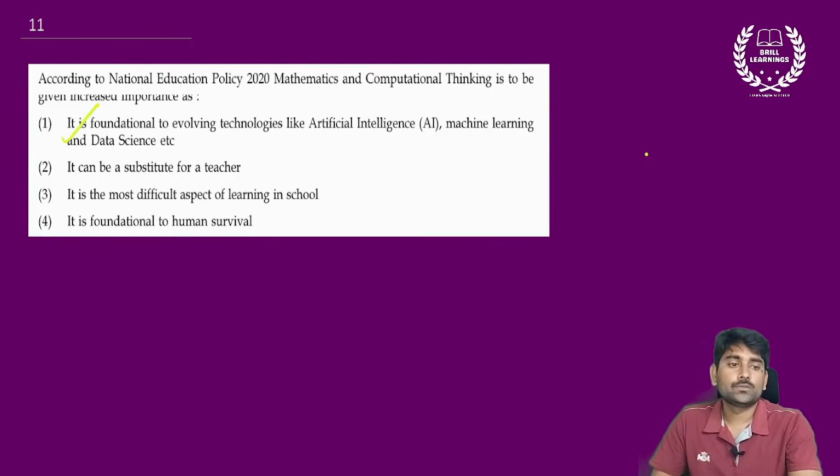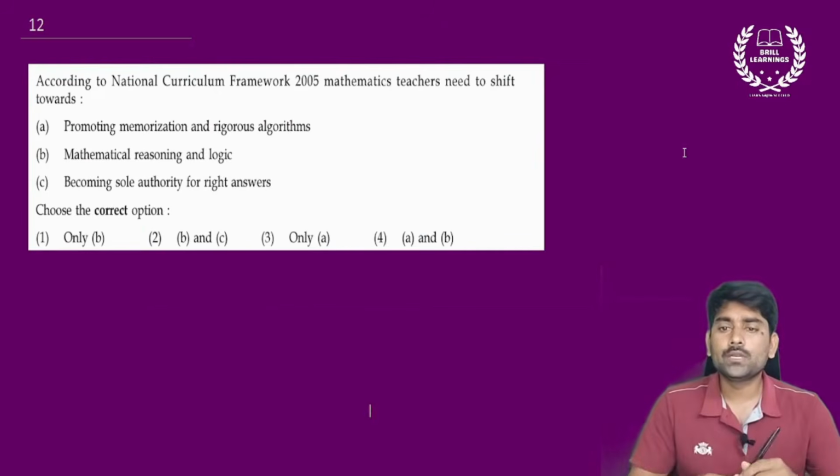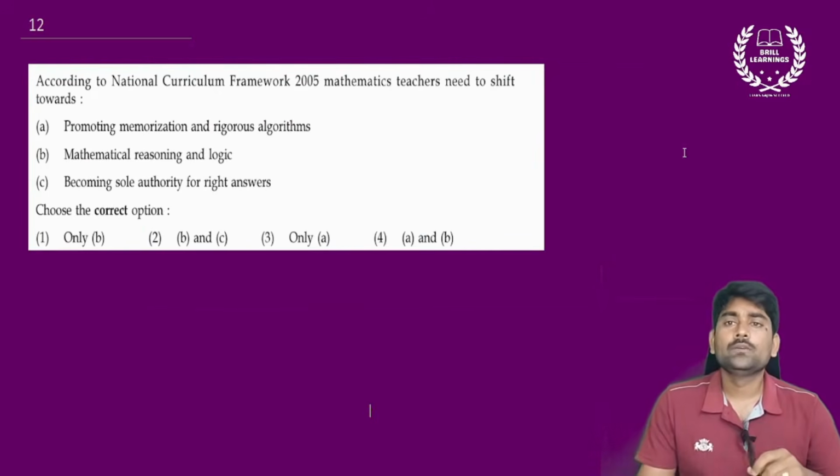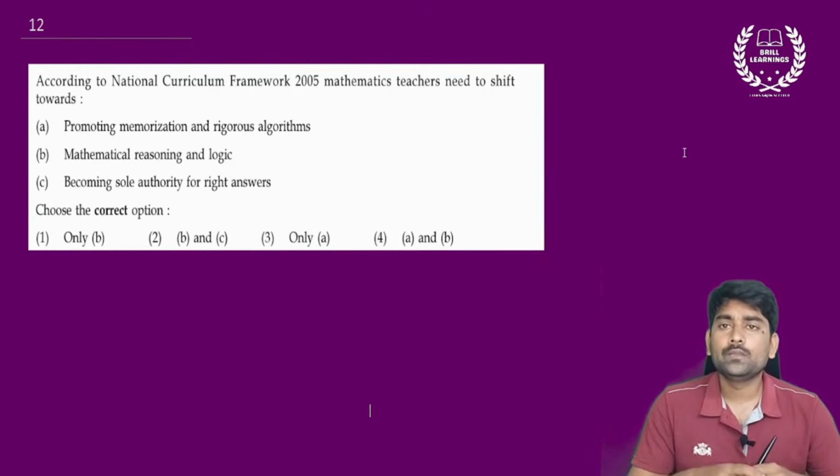Let's move on to the next question. According to National Curriculum Framework 2005, mathematics teachers need to shift towards... First, NCF 2005 mainly focuses on developing understanding and reasoning levels of a student, and it is a student-centric learning process. It also encourages the inquiry level of a student, critical thinking, and so on.